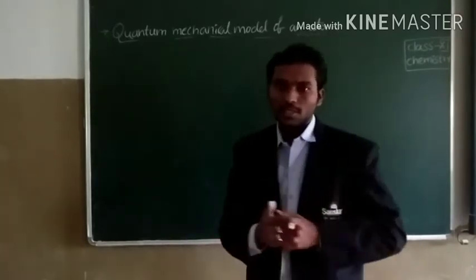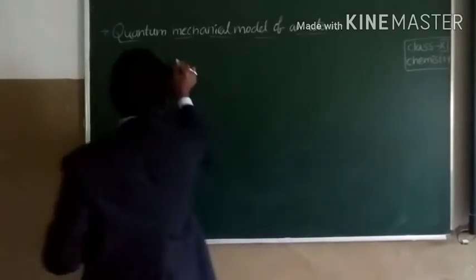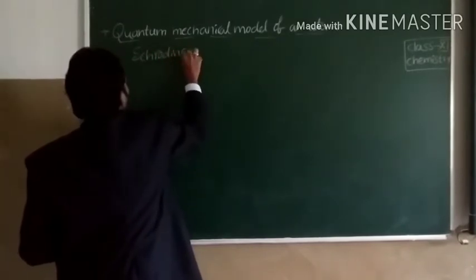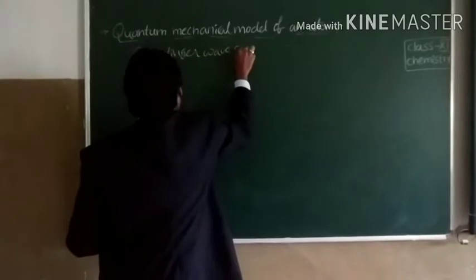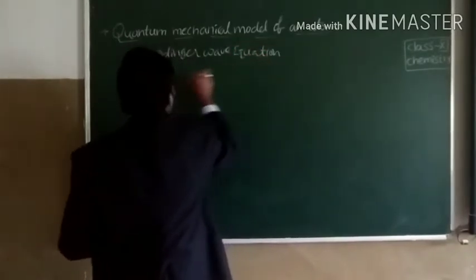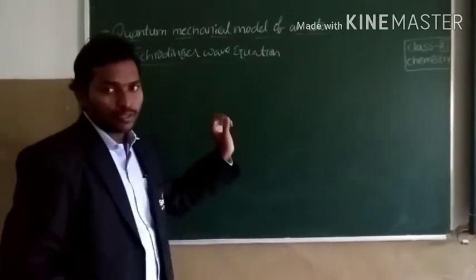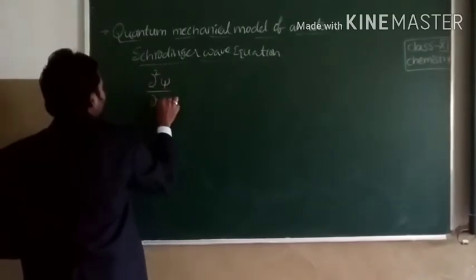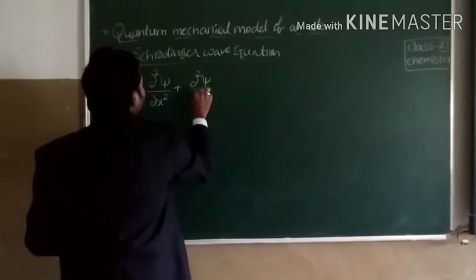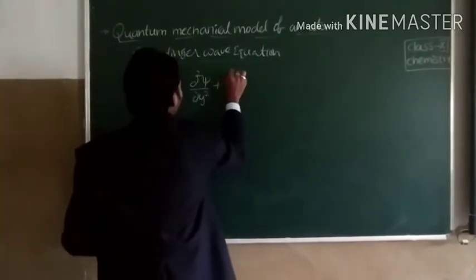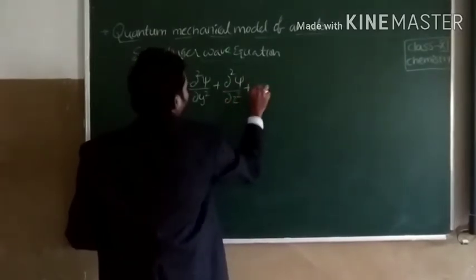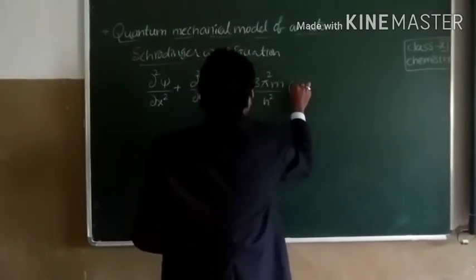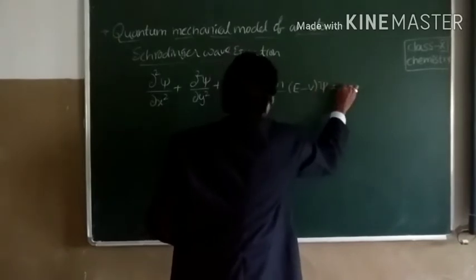Let us see the Schrödinger wave equation, children. The Schrödinger wave equation of an electron in 3 dimensions is: ∂²ψ/∂x² + ∂²ψ/∂y² + ∂²ψ/∂z² + (8π²m/h²)(E − V)ψ = 0.